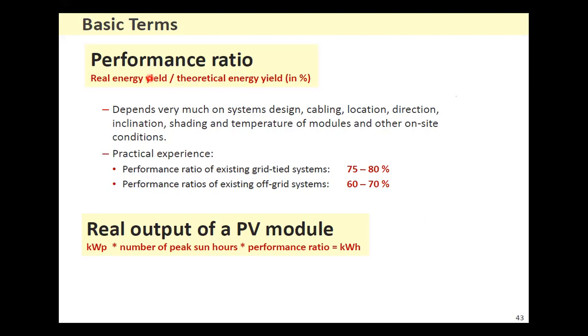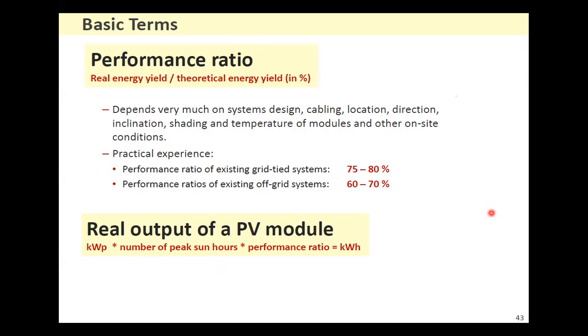reached in our systems. And what is the real power output of a PV module? Now, this is the real kilowatt hour. Actually, let's say you have a module and it is mentioned that the module is around 50 watt, then how much energy that PV module will provide depends on the solar irradiation and solar irradiance.